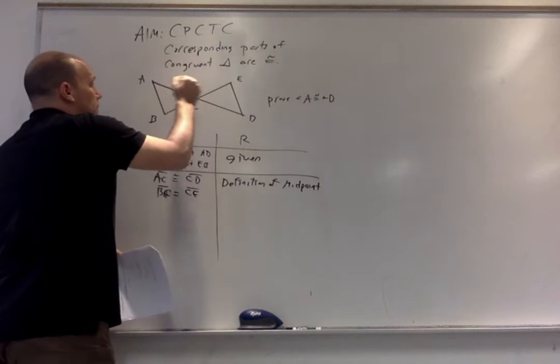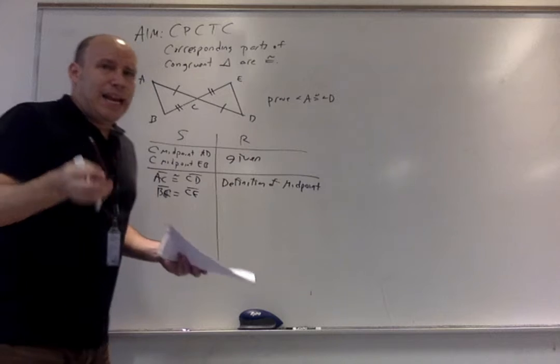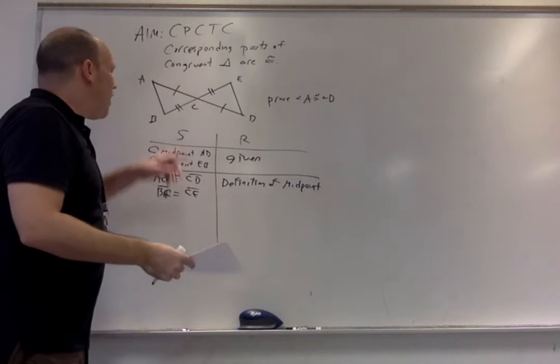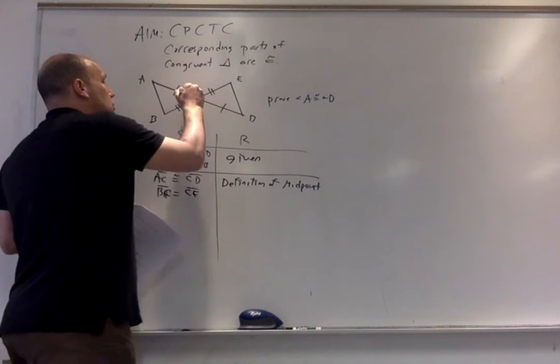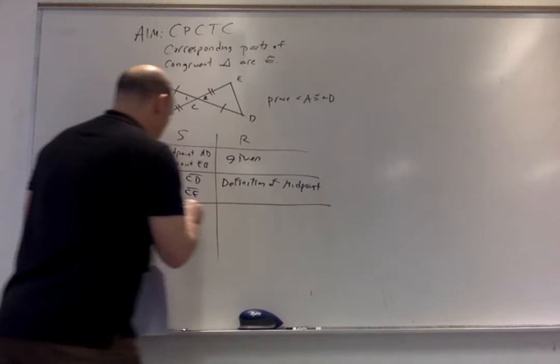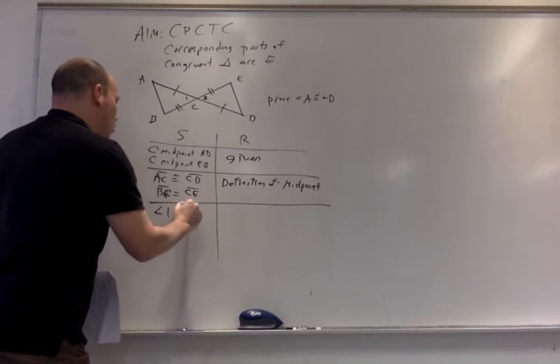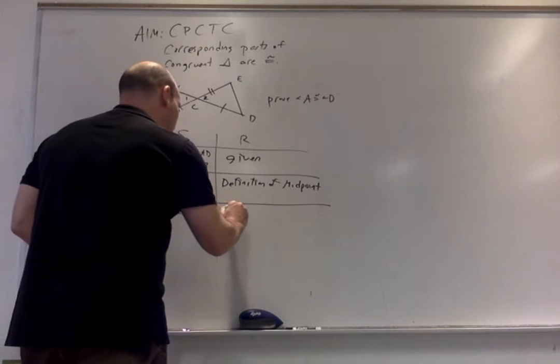I'm going to mark these with slash slash, double slash. Well, I need another side or an angle. I don't have anything about the sides, but we know, let's be lazy, we're going to say that angle 1 is congruent to angle 2. Why? Very good. Vertical angles.